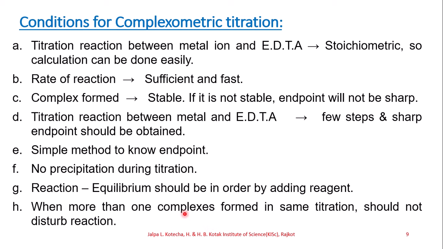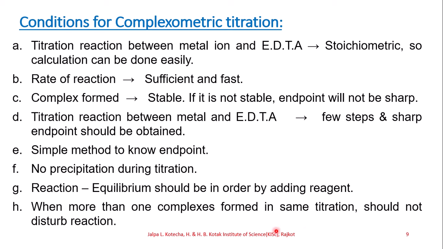See, what this point says is, if in a solution two metal ions are present and we want to determine any one, say magnesium is present along with zinc and we want to determine the concentration of magnesium, both magnesium and zinc when titrated give the formation of a complex.